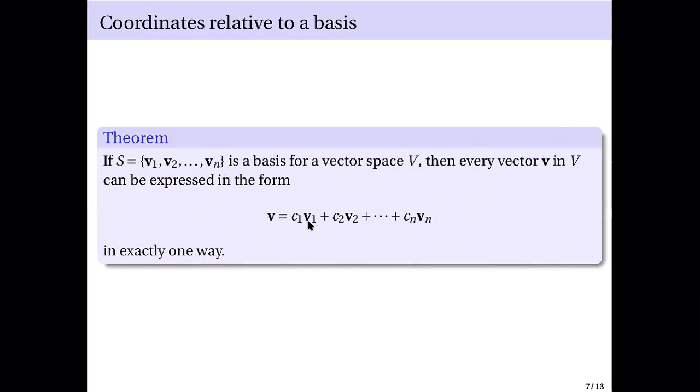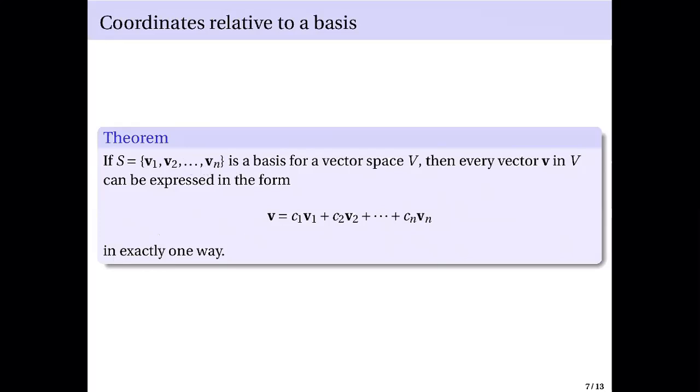So C1 V1 plus C2 V2 until plus Cn Vn. And this is the only way we can write it. I will not prove this in this class, okay? But believe that there are no other ways to write the vector as a linear combination of a given basis.